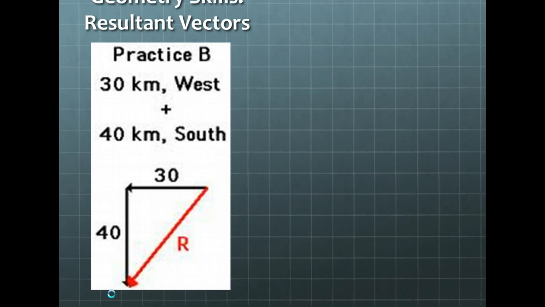Okay, so let's try one more just to make sure that we got it. So here's our Pythagorean theorem, and remember that we want to try to figure out the resultant vector. So we have a path that's going 30 kilometers west and 40 kilometers south.